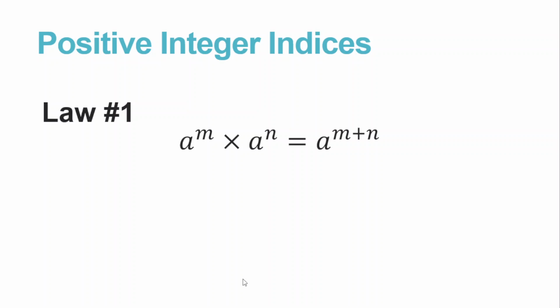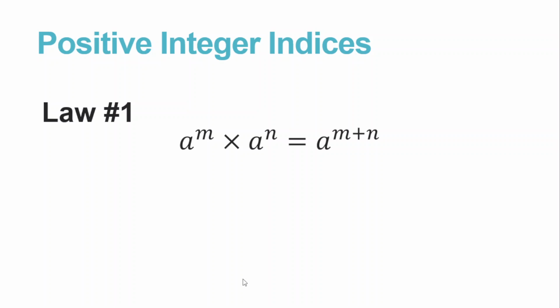Let's say we have x cubed times x squared. For the answer, you're just simply going to add the exponents, which is 3 plus 2, and that will give you x raised to 5.